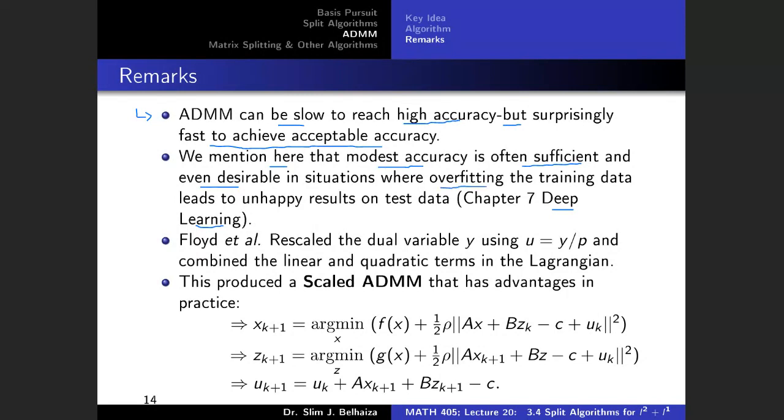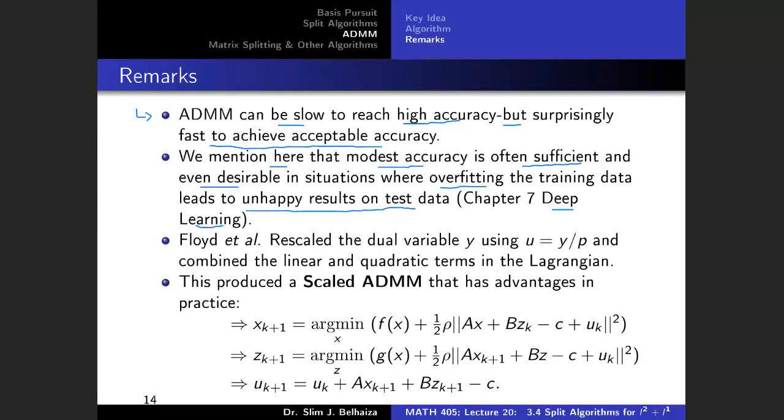To avoid situations where overfitting the training data leads to unhappy results because you are too much inspired by training data and you are not able anymore to get the flexibility needed to react to new patterns. You got it? Did you get the point, guys? So modest accuracy is often enough in deep learning.